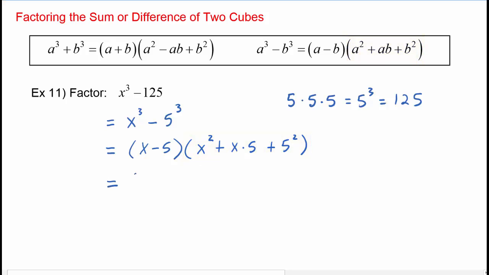Simplifying this, we get x minus 5 times x squared plus 5x plus 25. And that's our factorization.